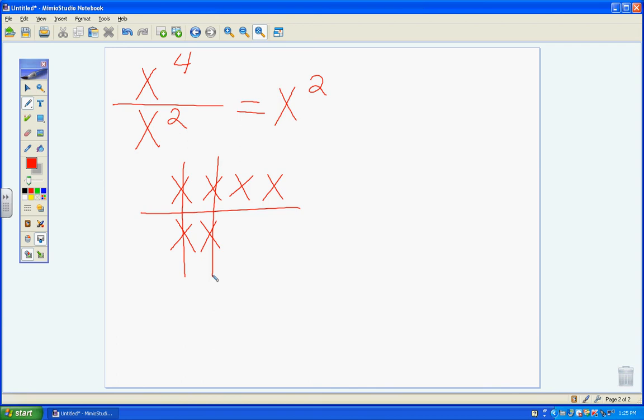Just like that. And so what am I left with? So x squared on top, and on the bottom? Not 0. If you have nothing left over, we're left with 1. Well, what's anything over 1? It's just whatever that top number is. So it would just be x squared.